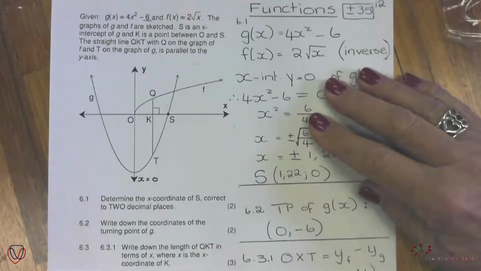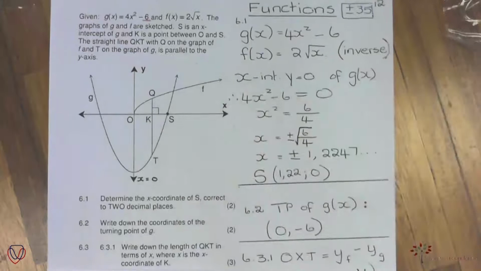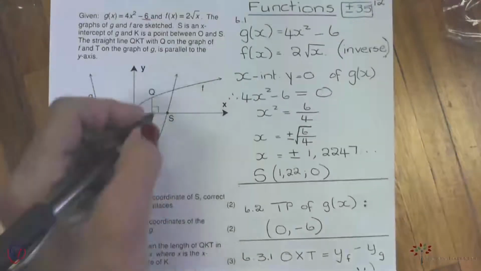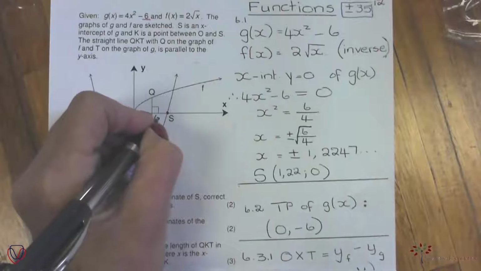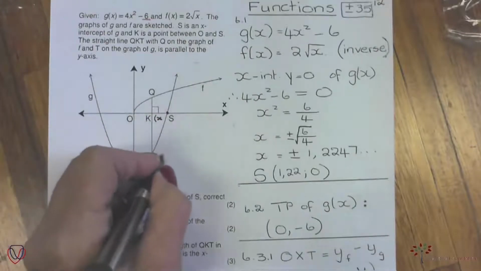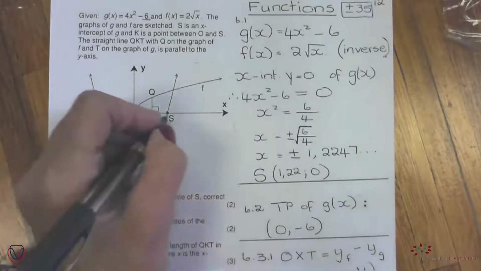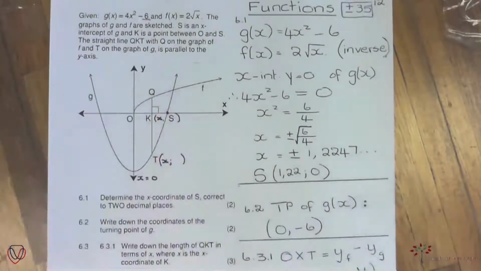Then 6.3.1. Write down the length of QKT in terms of x, where x is the x-coordinate of K. The x-coordinate of K there, and then it will be the x-coordinate of K there also. Can you see? But we still need the y value there.